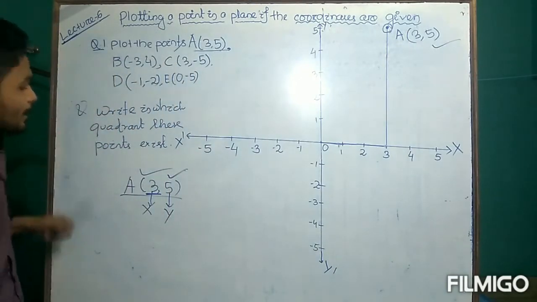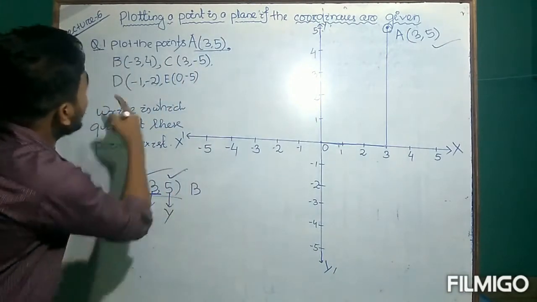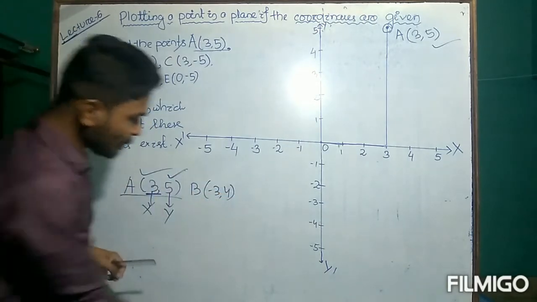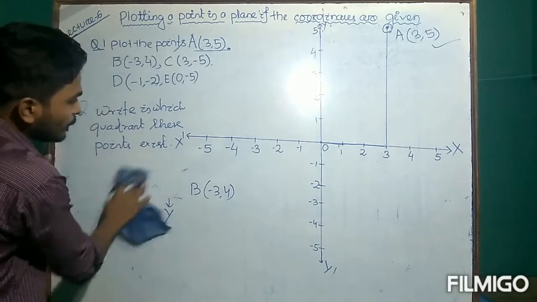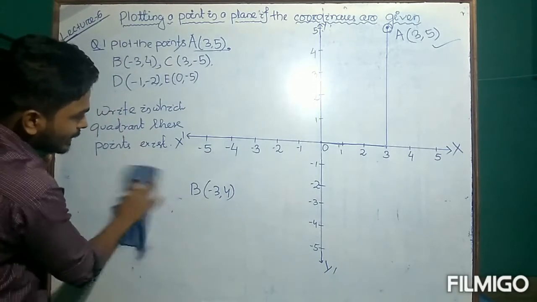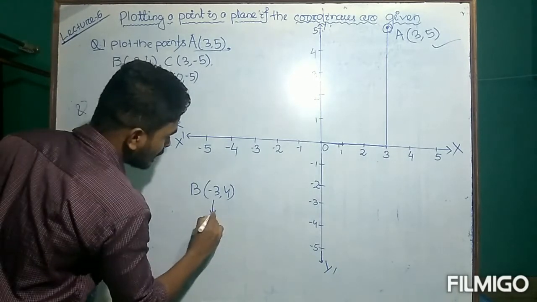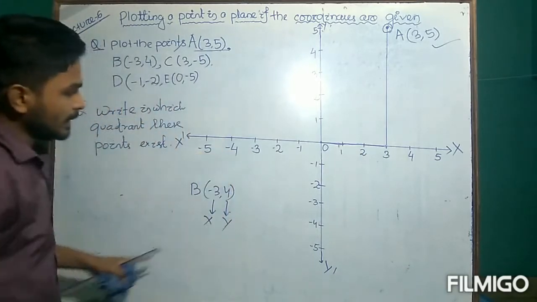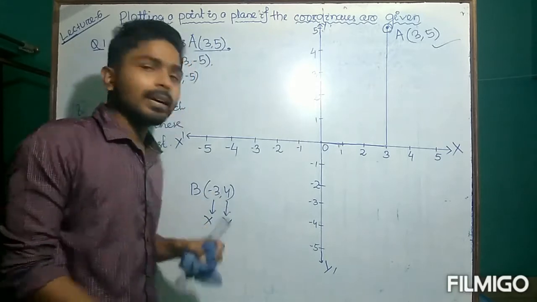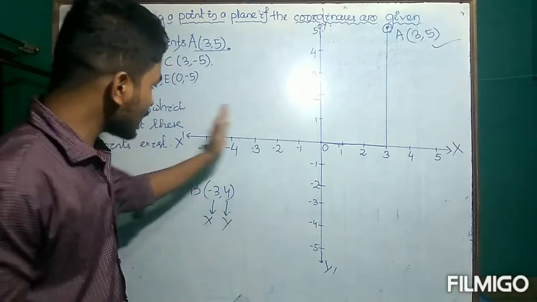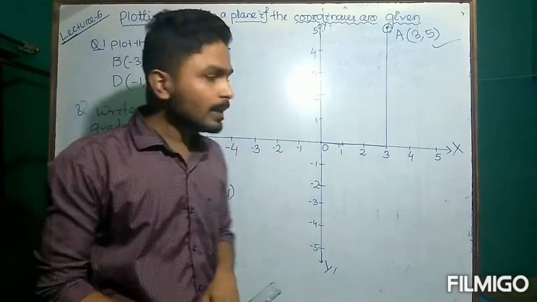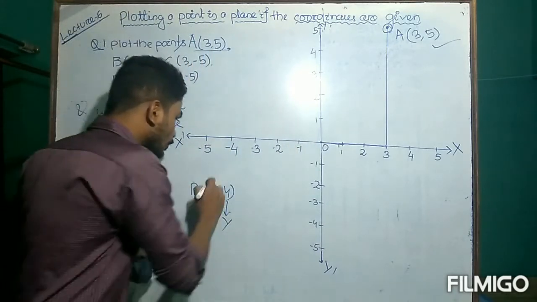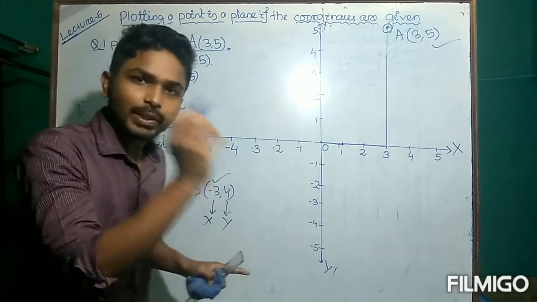Next the point is B (-3, 4). In this point B, the x coordinate is -3 and the y coordinate is 4. Since the x coordinate has a negative value, it is towards the left side of the origin. So towards the left side you have to move up to -3 units.